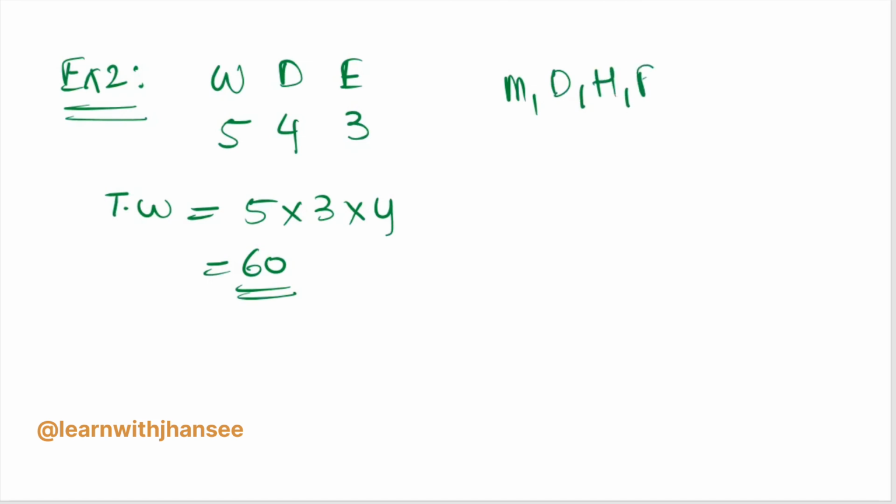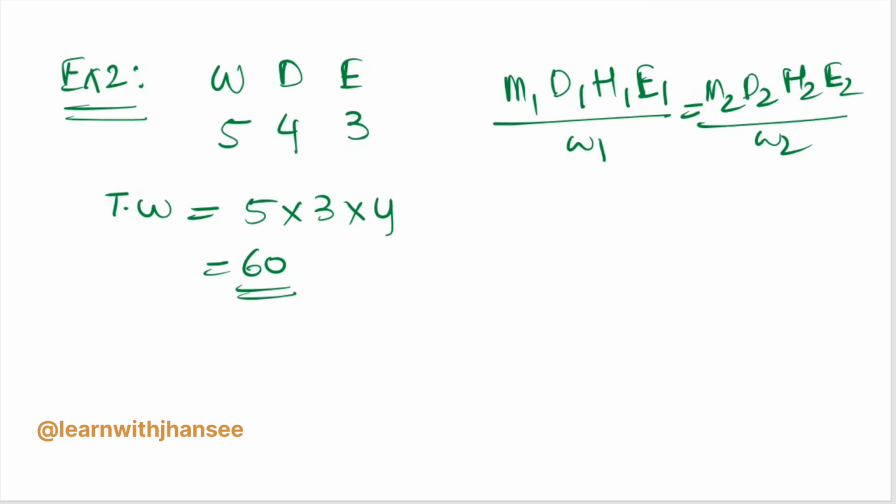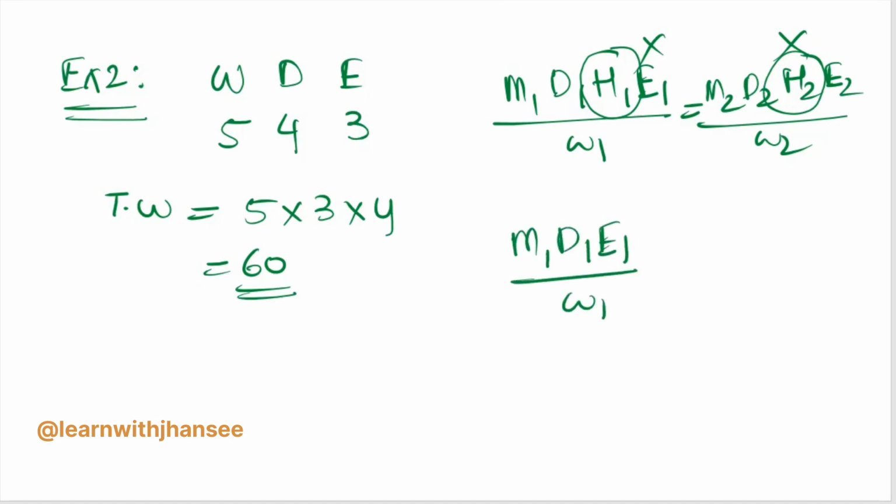M1 D1 H1 E1 by W1 is equal to M2 D2 H2 E2 by W2. If the hours are not mentioned in the question, do not take them. So our formula becomes M1 D1 E1 by W1 is equal to M2 D2 E2 by W2. Is it clear? Yes. Next we are moving to the examples, then you can understand clearly.